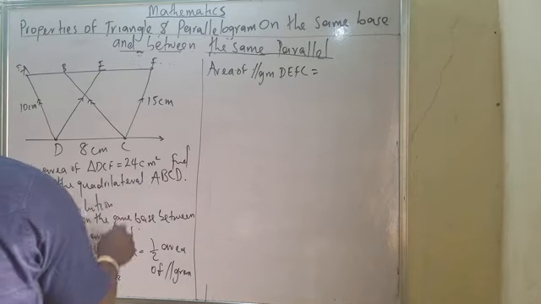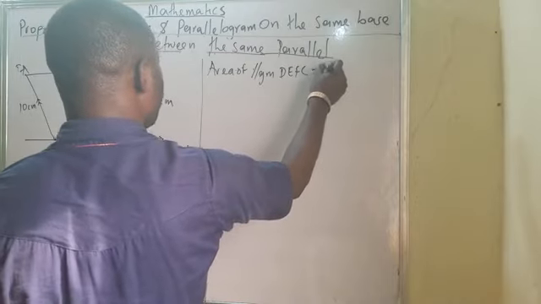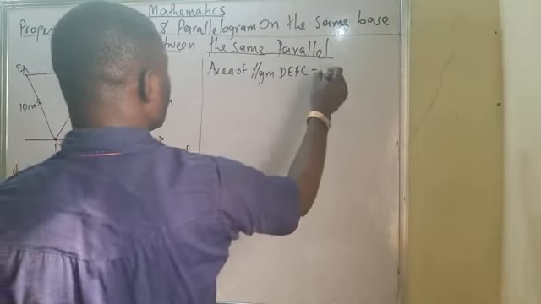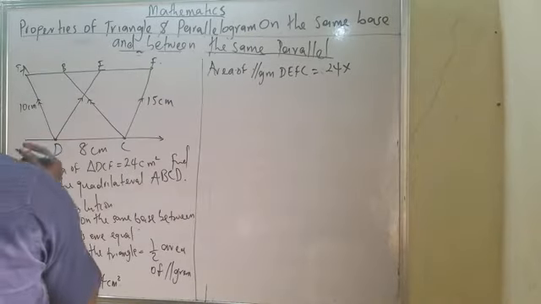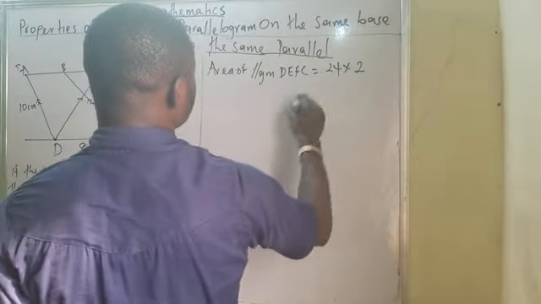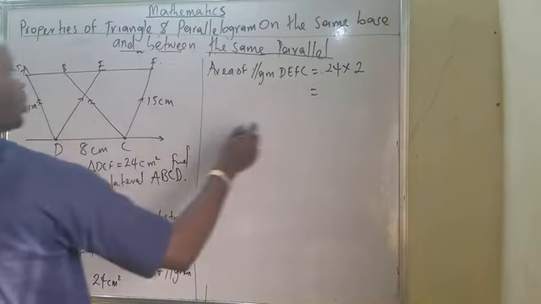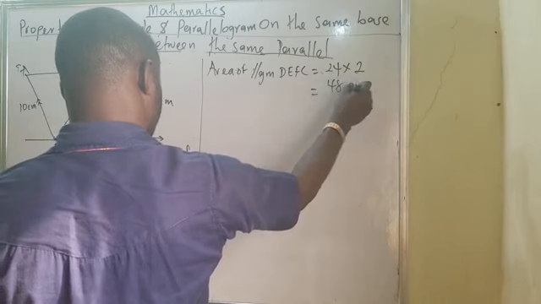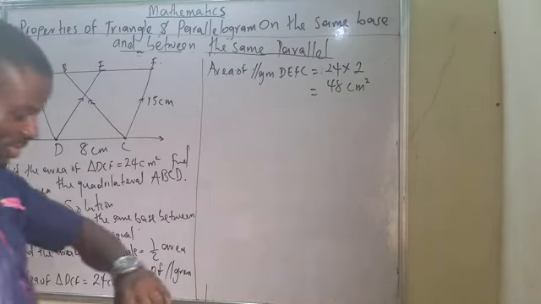Find the area of this quadrilateral ABCD. It will be equal to 24 multiplied by 2, which is going to be 48 centimeters squared. That is the answer.